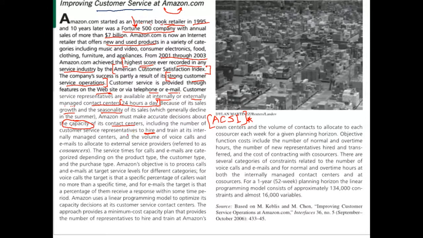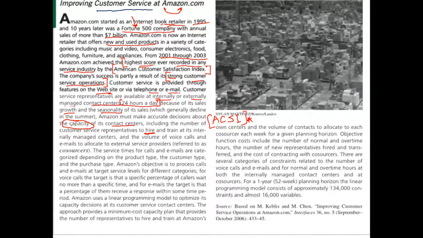So hiring means what? What does it relate to? When we hire someone for our company, what happens? It becomes a cost for the company. It is a cost. So that's what we have to do. We have to ensure that our service is best and the cost is minimum.